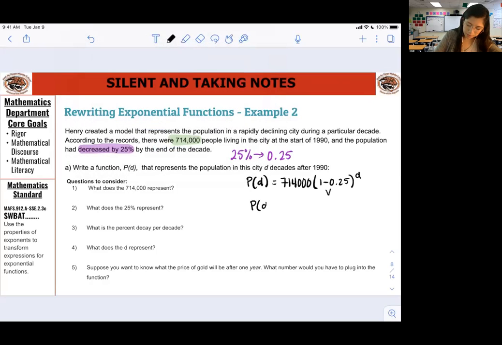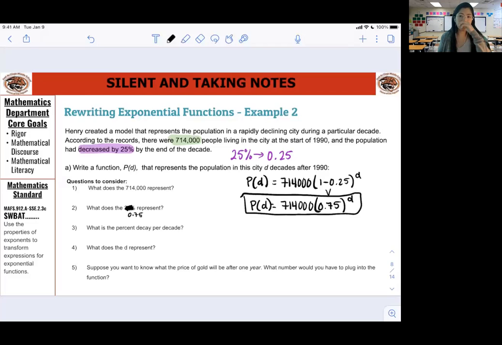So P of D equals 714,000. And what's 1 minus 0.25? 0.75. 0.75 to the power of D. Okay. I'm going to fix this.